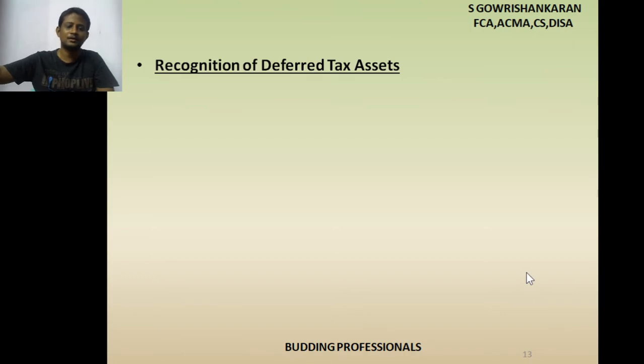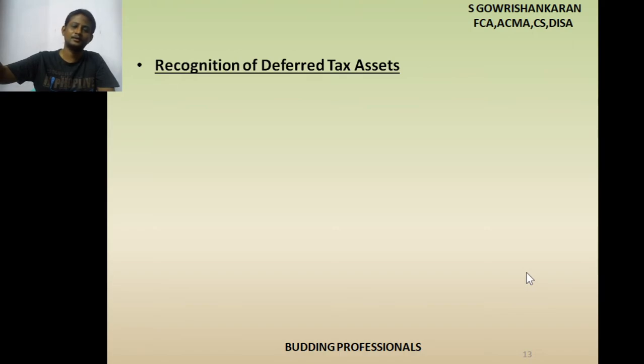So when we are creating this deferred tax asset, you should be able to predict your future also. Yes, I am going to generate revenue in my future, so that this deferred tax asset can be charged off or debited to my P&L account in future, because I will generate sufficient revenue on which I will get sufficient profit on which I can debit this deferred tax asset.